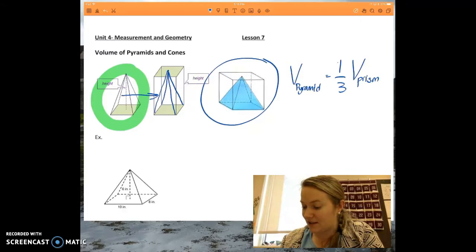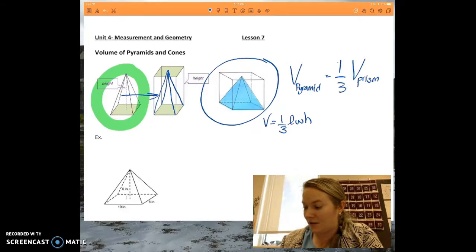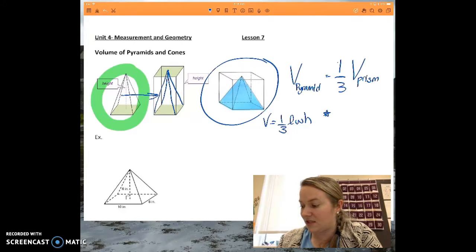So in this case, if it's a rectangular prism, the volume is 1/3 length, width, height. This is for rectangular based pyramids.